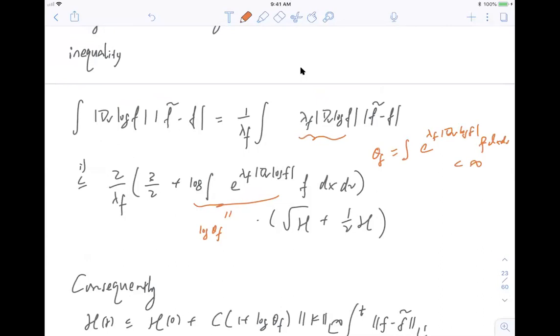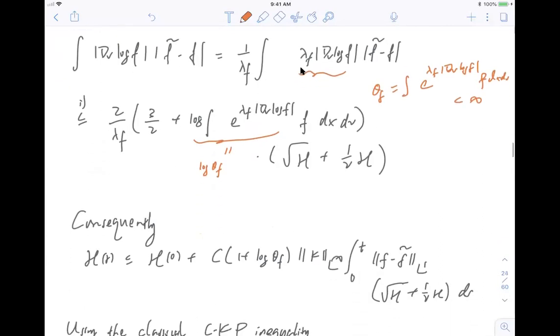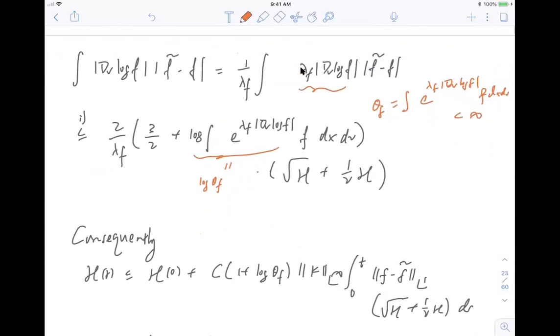Okay, so we do a little bit of scaling, but anyway, under this assumption we can control the weighted L1 norm between f tilde and f by basically the square root of the relative entropy between f tilde and f.